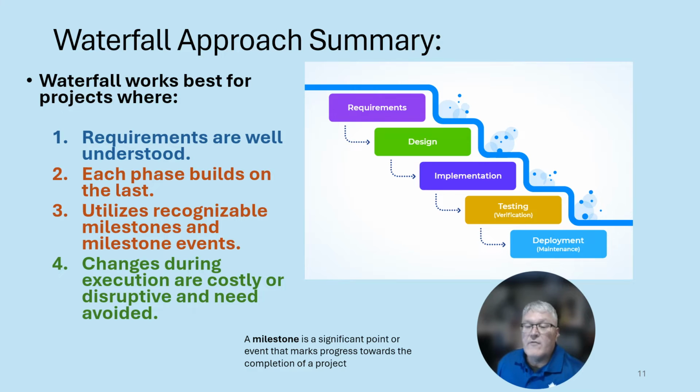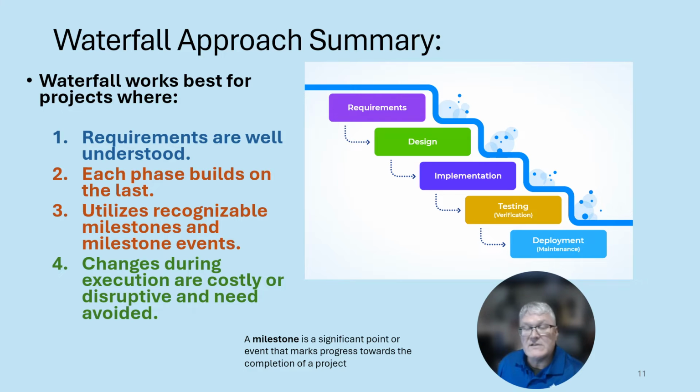A summary of the waterfall approach. The waterfall approach works best for projects where requirements are well understood. Each phase builds on the last stage. It utilizes recognizable milestones and milestone events. And by the way, the term milestone is closely associated with the waterfall approach, phase gate or stage gate approach.